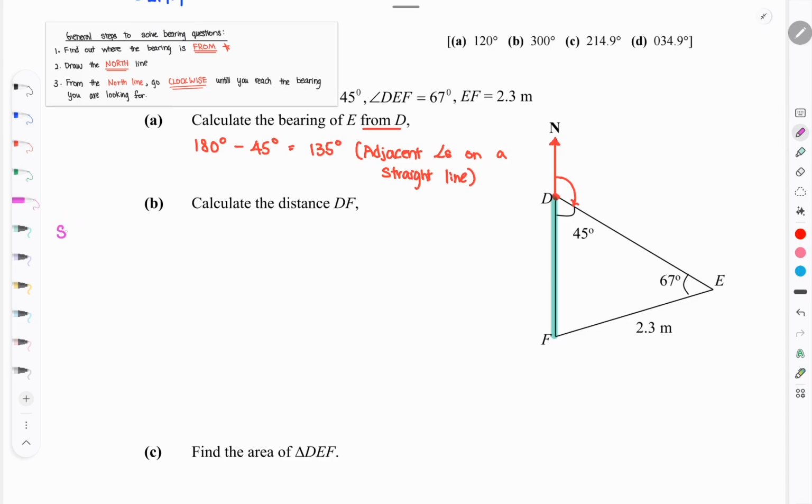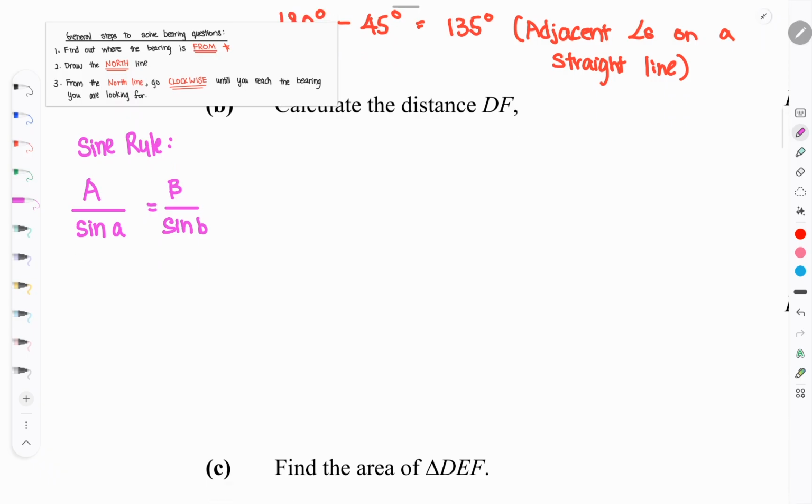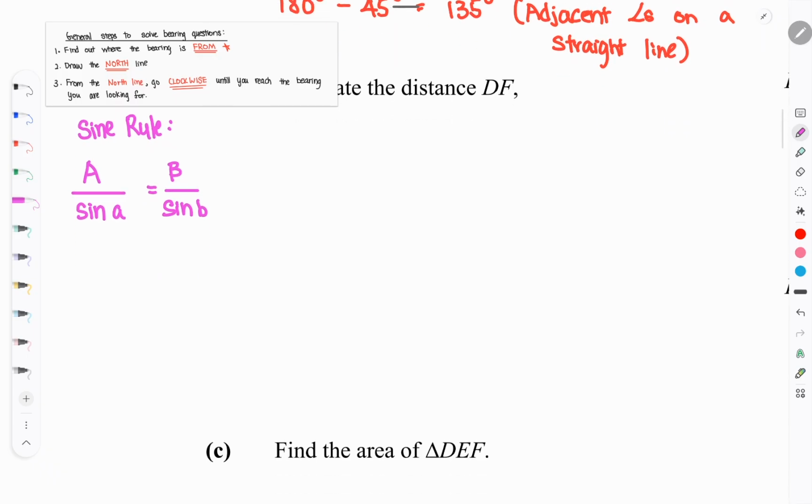Okay, sine rule is something like this. So I have a over sine A equals to b over sine B. So the sides and the corresponding angle will be in one fraction.